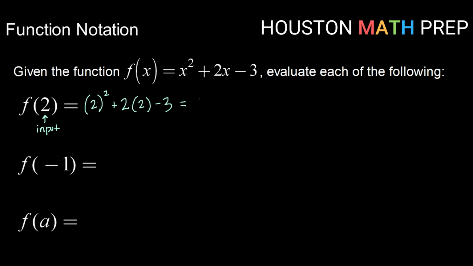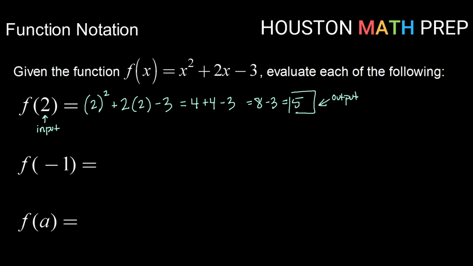So 2 squared is 4, plus 2 times 2 is 4, minus 3. 4 plus 4 is 8, minus 3 gives me 5. Once we have evaluated, what we have here is our output. So when we have an input of 2, we get an output of 5.